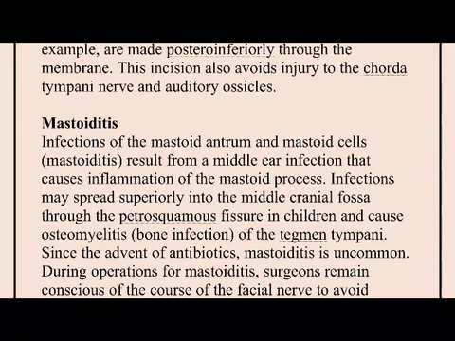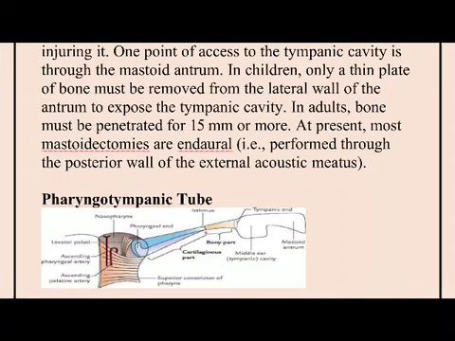When you're doing a surgery for mastoiditis, surgeons really need to be careful about the course of the facial nerve to avoid injury. So one point you could have access to the tympanic cavity is through the mastoid antrum. In children, only a thin plate of bone must be removed from the lateral wall of the antrum to expose the tympanic cavity.